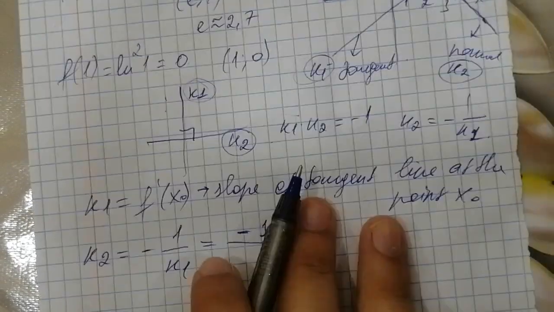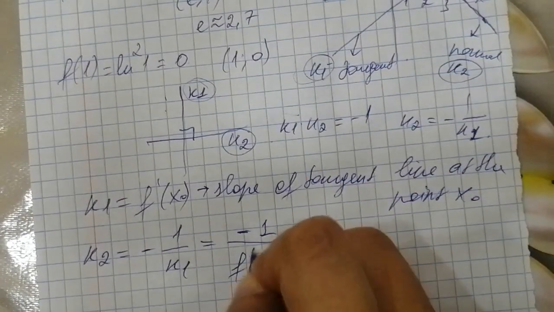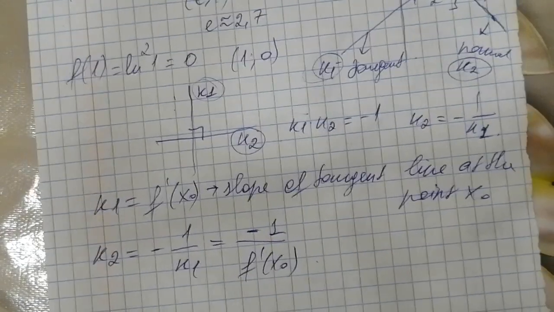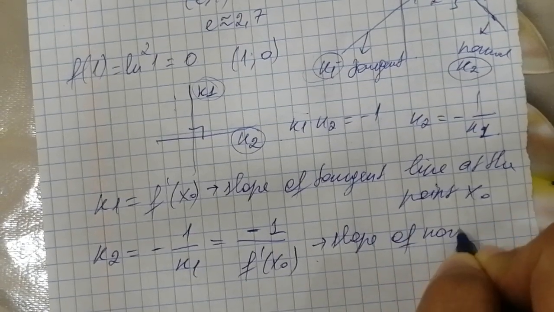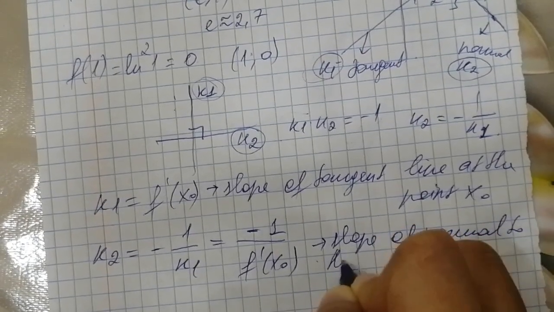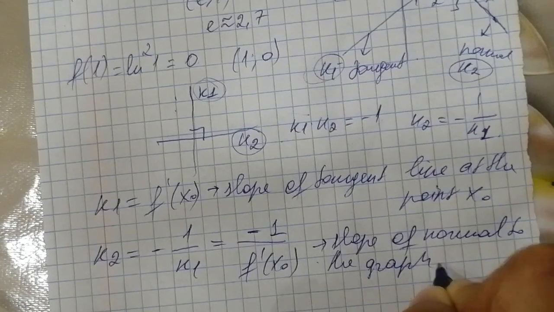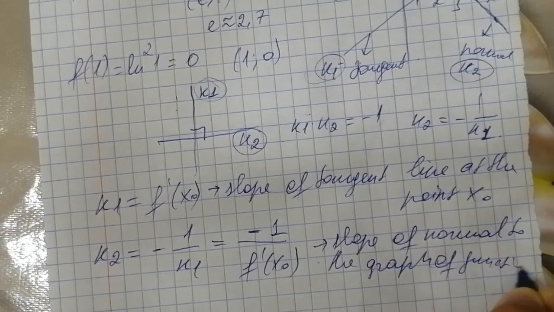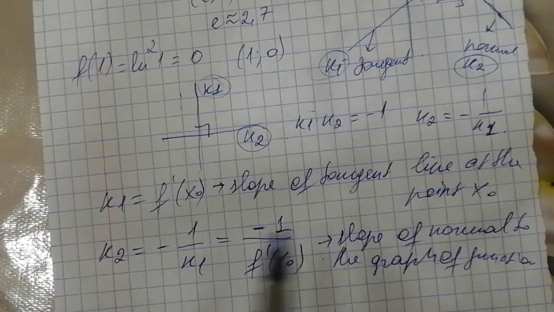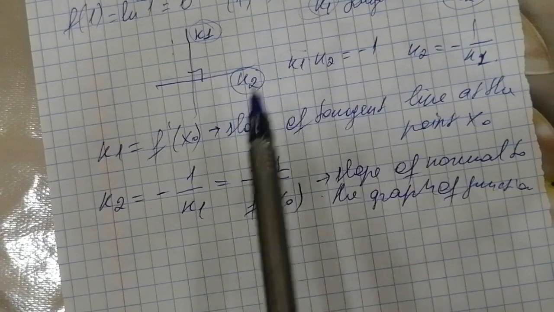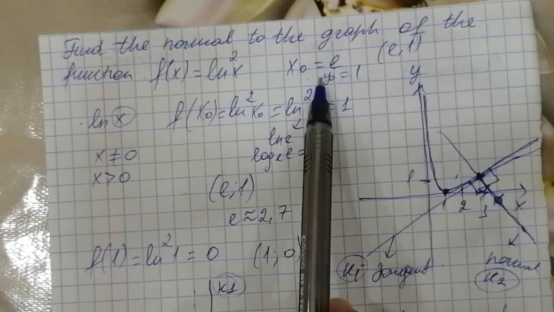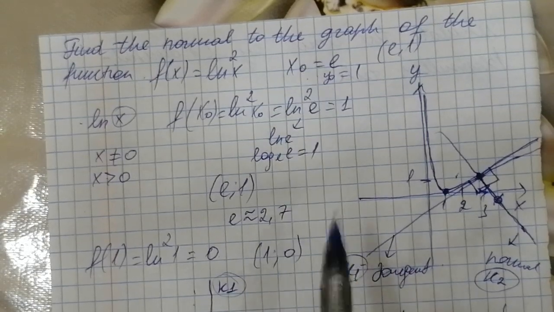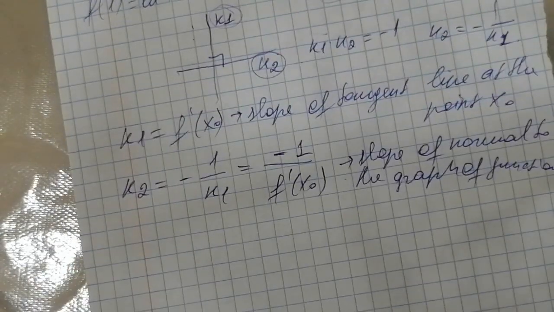So it is negative 1 over the derivative of the function f at x0. That is the slope of the normal to the graph of the function. And yes, we found the slope of the normal line. We know at which point we have to find the normal, so the rest is simple.